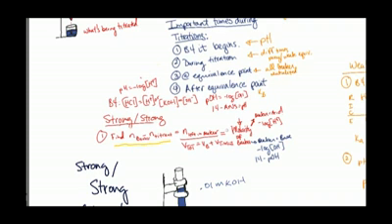Whatever's left in the beaker is going to be a strong acid or strong base, and if it's an acid, like hydrochloric acid in this case, the concentration of the hydrochloric acid is also the proton concentration, because we have complete dissociation, complete ionization going on here.